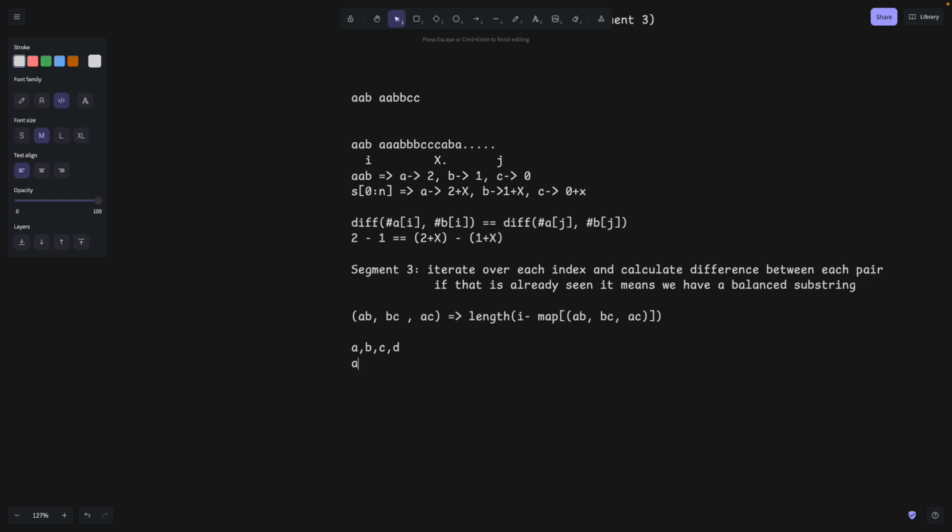For A, the pairs are A, B, then A, C, then A, D; then for B, it is B, C and B, D; and for C, it is C, D. So these 6 pairs, we have to maintain the difference between each of them, and if we find these 6 differences have already been encountered previously while iterating, it means that a balanced substring exists where the distinct characters are 4 and each character has an equal count. So that is the intuition for this.